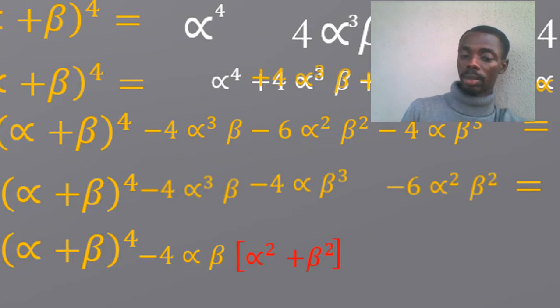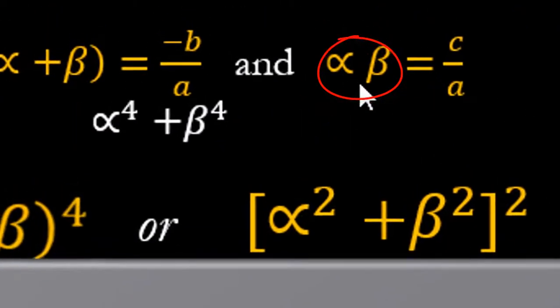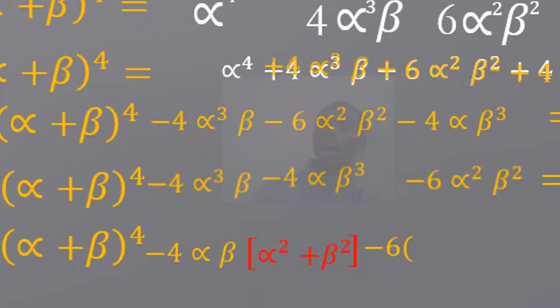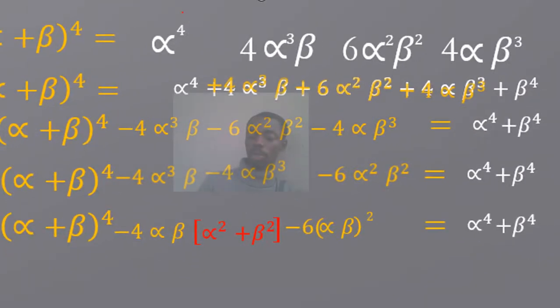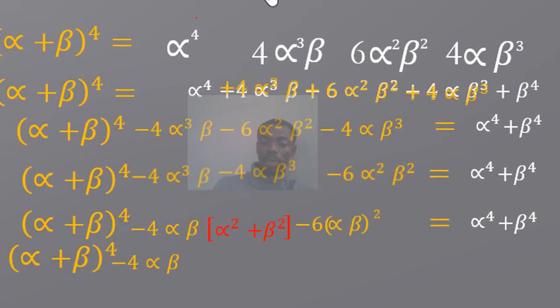Then I'm having minus 6. I want to transform alpha squared beta squared to make it conform to alpha beta. So if I should do that, I'll be having alpha beta in a bracket, then squared. Alpha squared plus beta squared equals alpha raised to the power of 4 plus beta raised to the power of 4. So this is alpha plus beta raised to the power of 4. And I'm having minus 4 alpha beta. Open that square bracket.